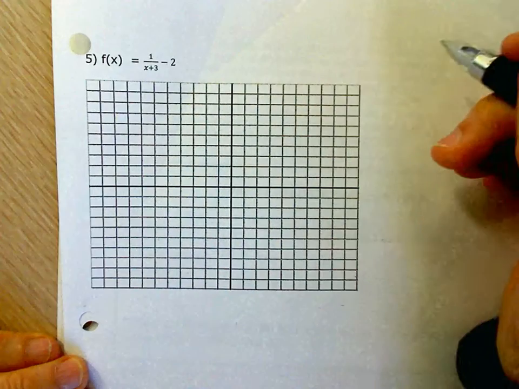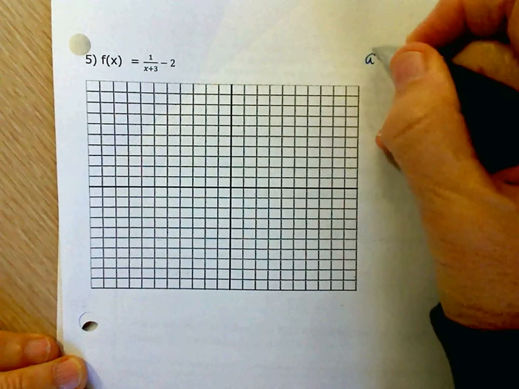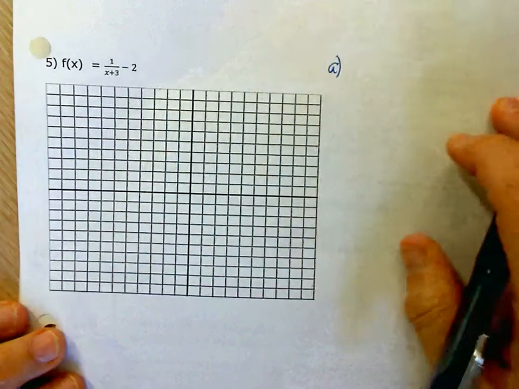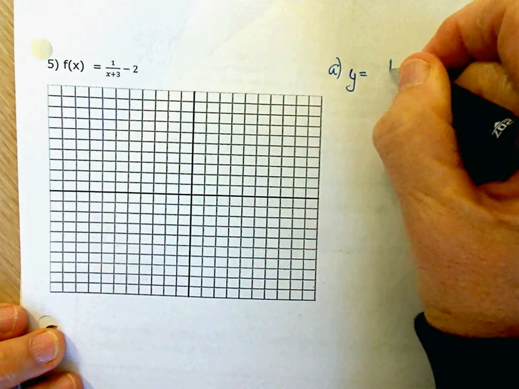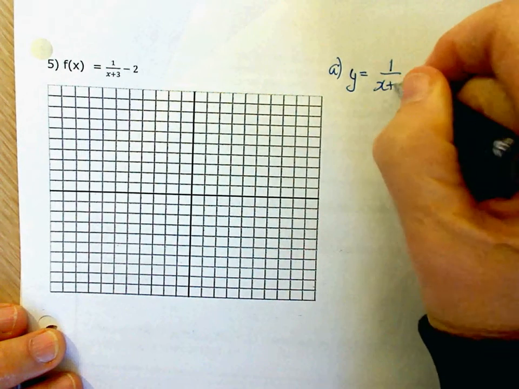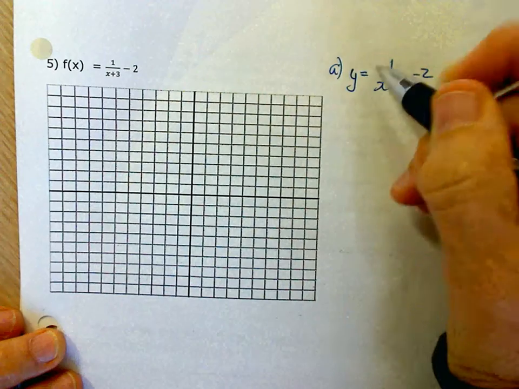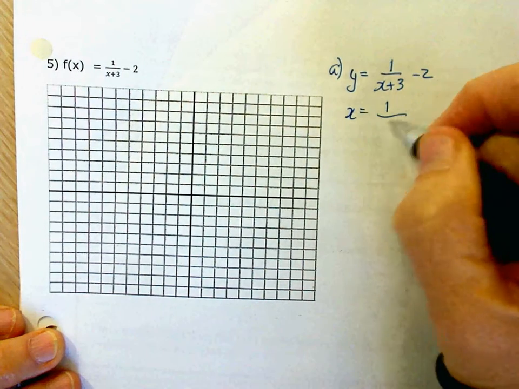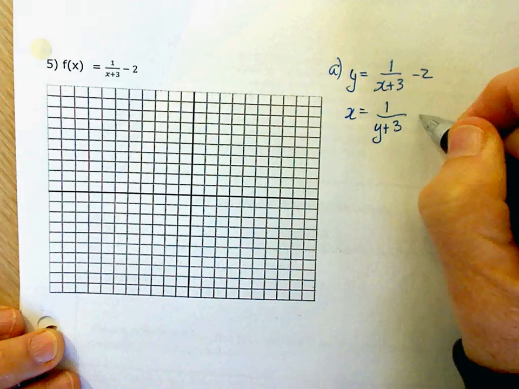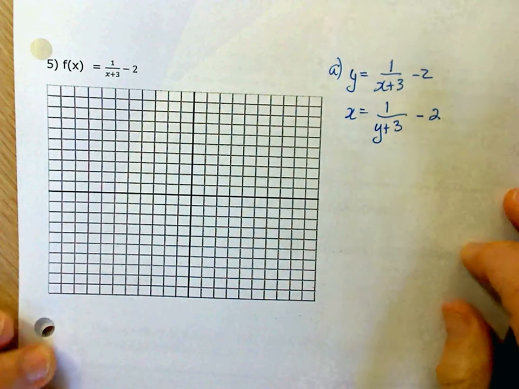A. Finding the inverse algebraically. We'll change f of x to a y. We'll interchange x and y. Now we're going to solve for y. So we'll add the two.